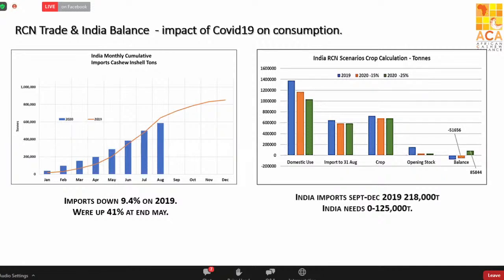Again, this is to take us through to new crop. And it might be interesting to note that if Indian balances by the end of this current year are low in terms of stock of RCN, we could see quite an interesting engagement of Indian buyers early in the season in 2021, probably focused on Benin and Ghana as usual, where they look to buy high quality raw nuts for early shipment.